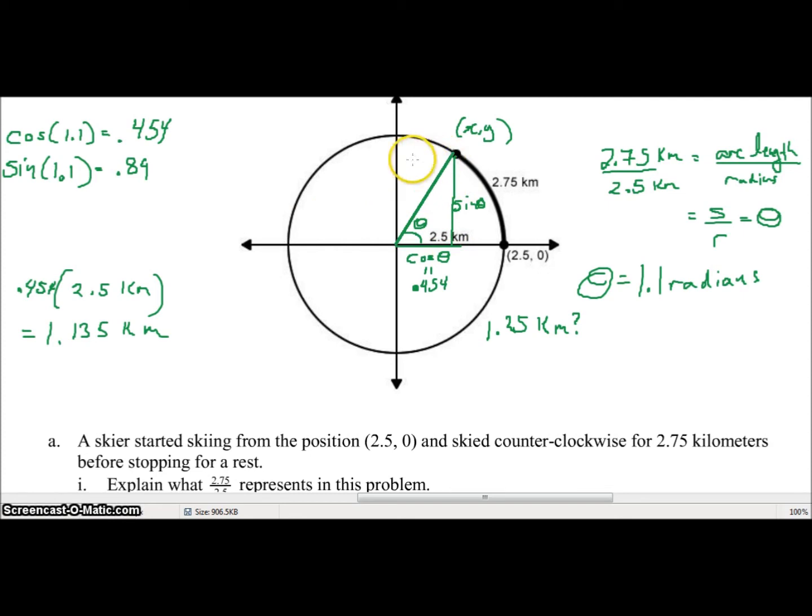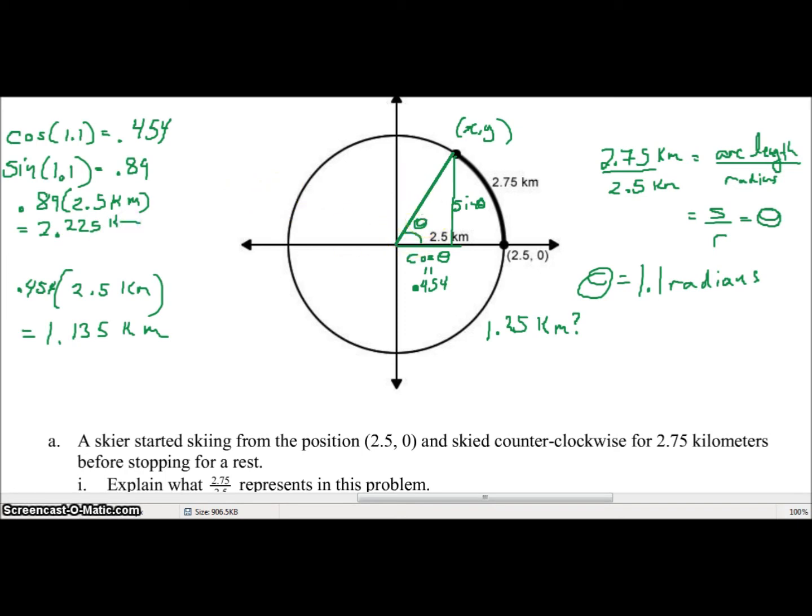It's 89% of the radius. So 89% of 2.5 kilometers is 2.225 kilometers. That's this vertical distance here.